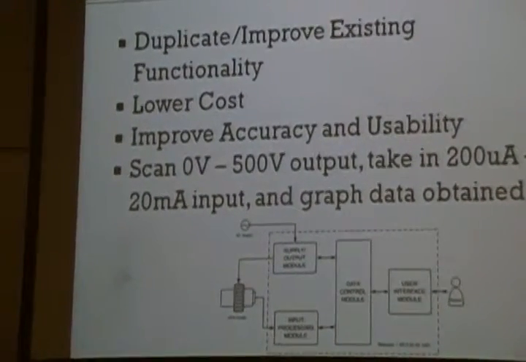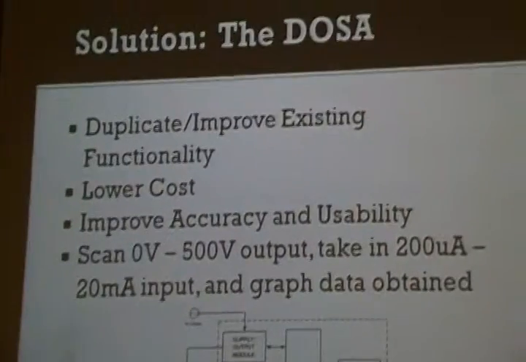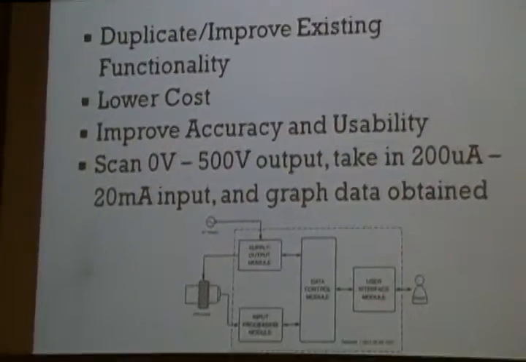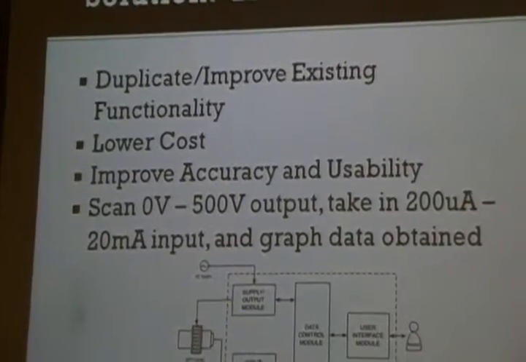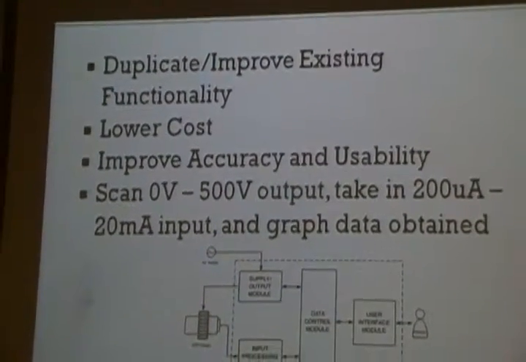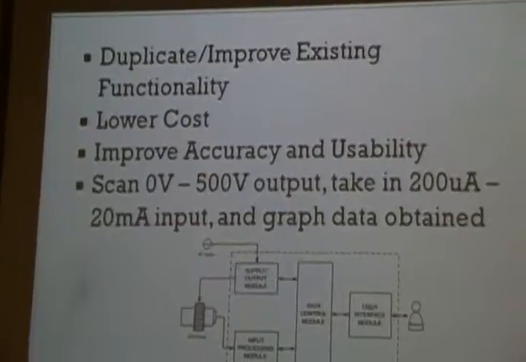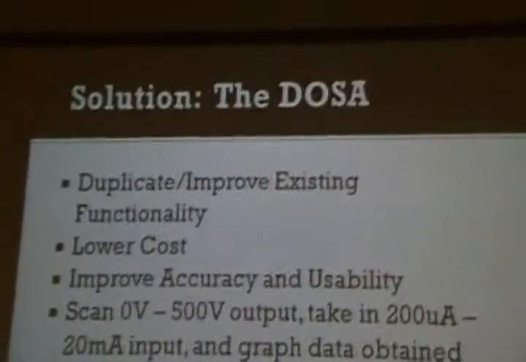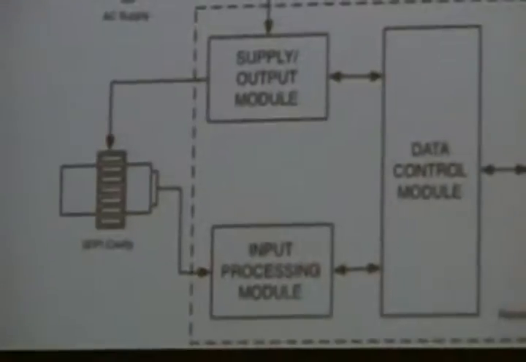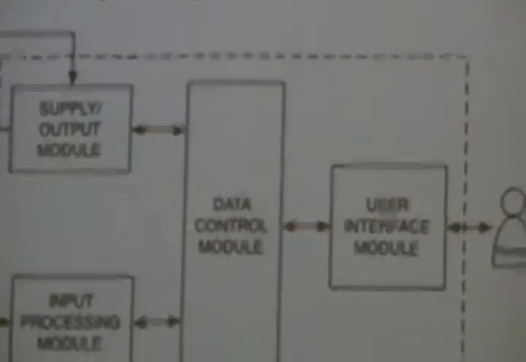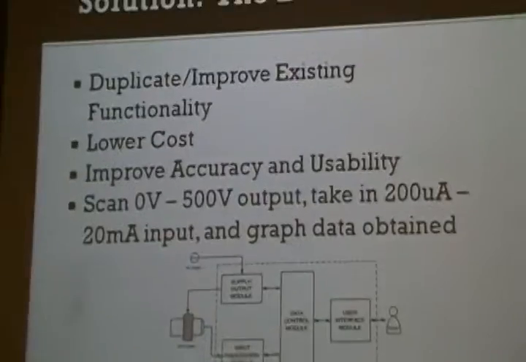What we were looking to do with our solution was duplicate the existing functionality. This is being done by doing a digital approach. Our digital approach will not only duplicate the existing functionality, but reduce the cost. If we can duplicate the functionality and reduce the cost, that already renders the analog system useless. Another thing that we were also searching out to do is make the system more usable and more accurate.